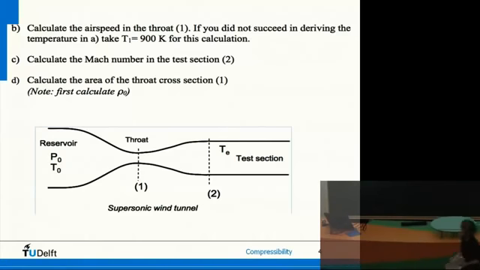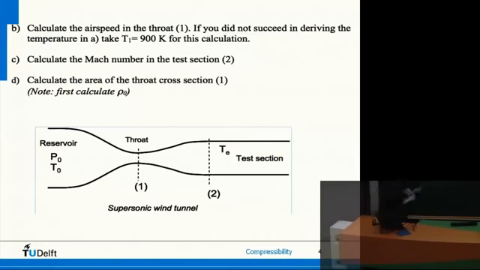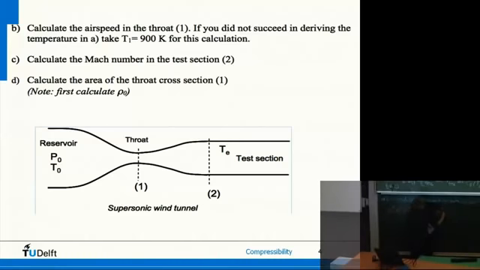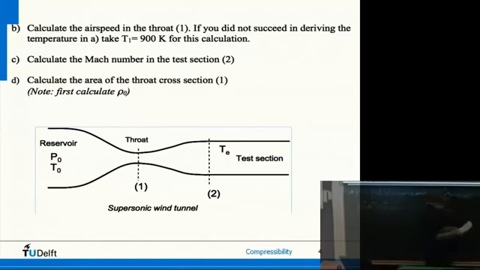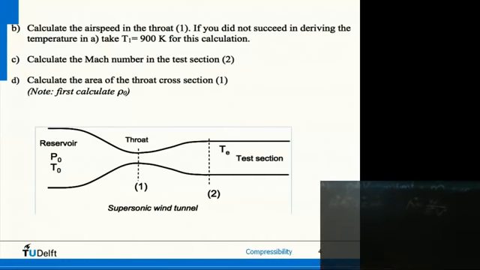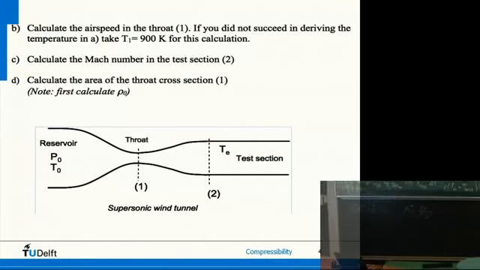So mass flow, rho star, A star, V star. We're looking for A star, so that's going to be the area of the throat. It is then mass flow divided by density in the throat times speed in the throat. Do we have the density in the throat and do we have the speed in the throat? Speed, yes, I think we computed it here.